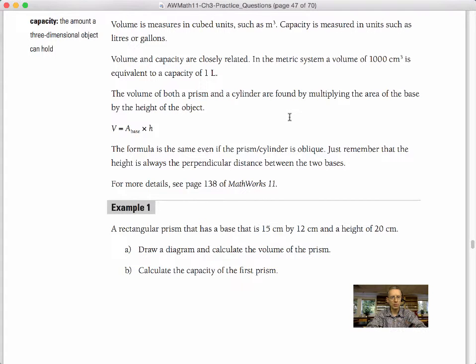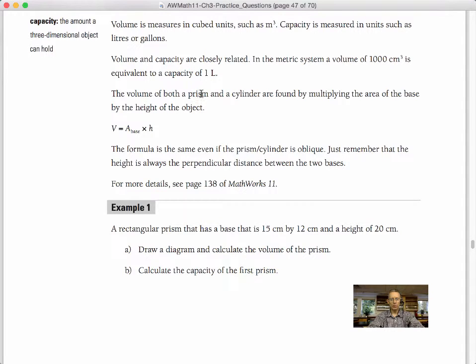So there's a little bit of a difference there. Volume, meters cubed, and capacity, how much it holds, in liters or gallons typically. Liters is the SI unit, international unit, and gallons is the imperial unit used in the UK or the States. Volume and capacity are closely related. In the metric system, a volume of 1,000 cubic centimeters is equivalent to 1 liter in capacity.